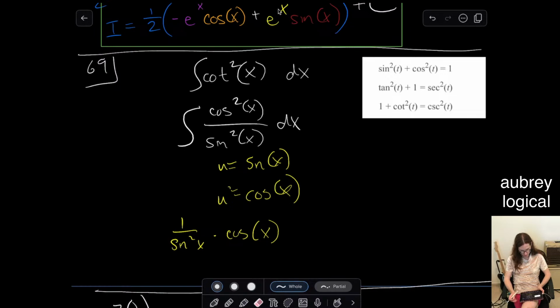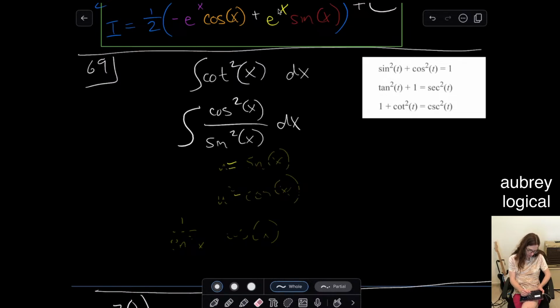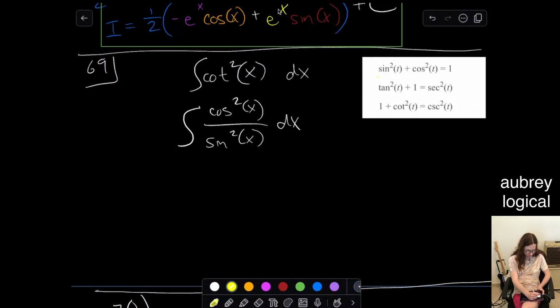Let's see here. Oh, well now we can use identities. Okay, I got it. Duh. And we can look up here. We can rewrite this as sine squared of x minus 1 over sine squared of x.